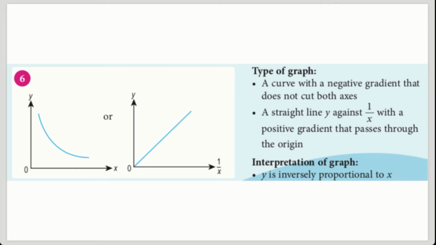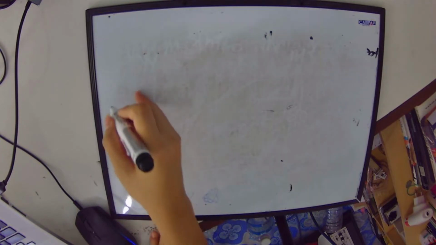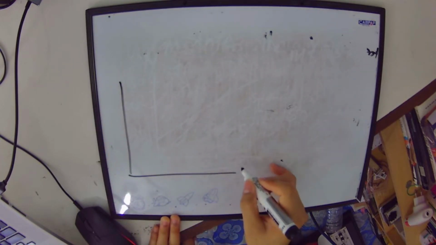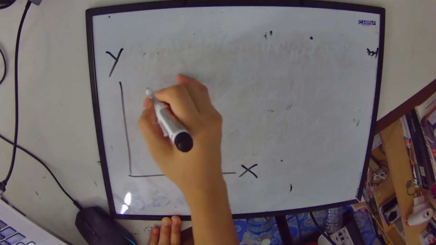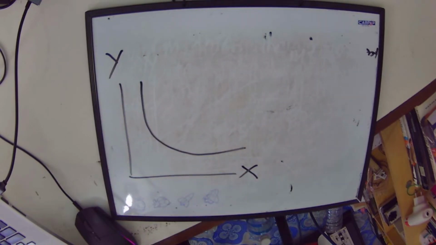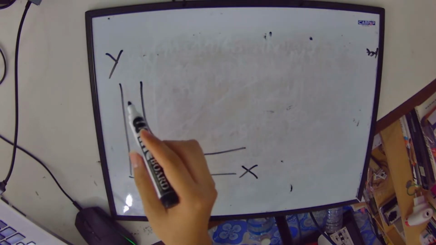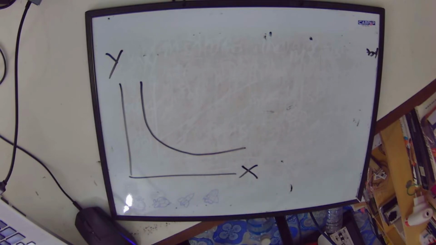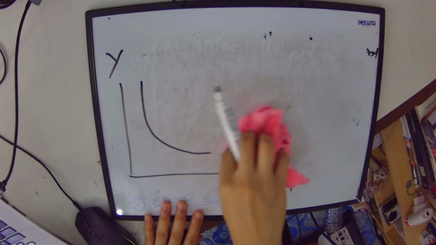Alright? Or a straight line against 1 over x. So, sebenarnya ini dua ni sama saja. It's the same thing. So, usually for these kinds of questions, bila kamu cuba plot di graph, kamu akan dapat bentuk something like this. Or actually, dia punya curve mungkin lebih hebat lagi.